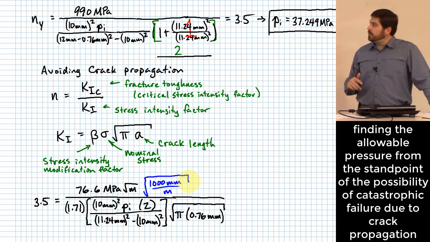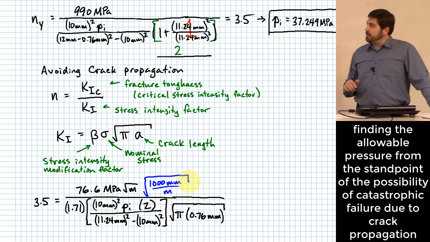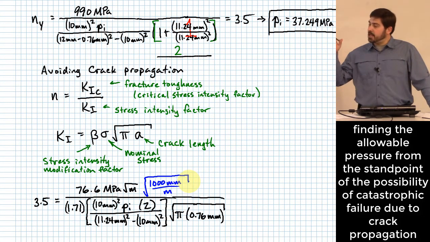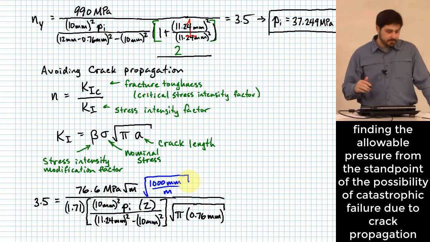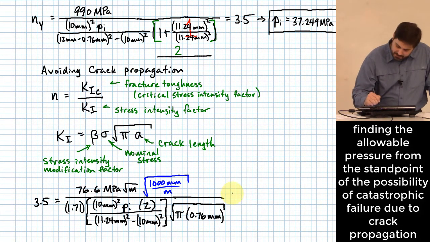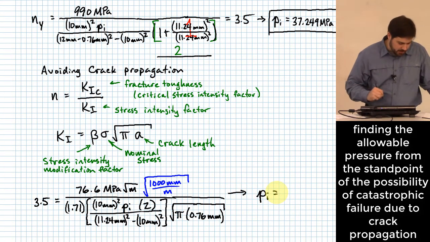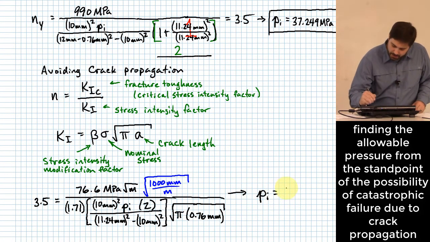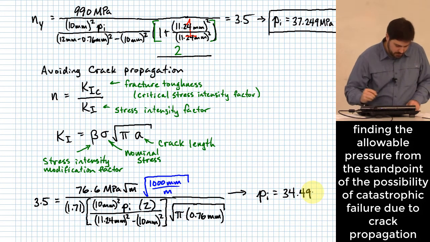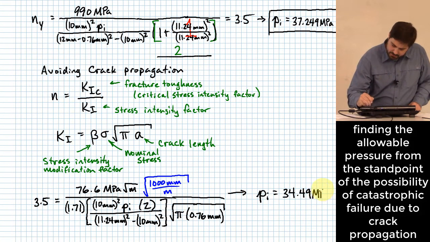Okay, so again, I'll spare you all of the calculator typing, but you can put all this in and solve for P sub I. And what comes out of this is that P sub I is going to be equal to 34.49 megapascals.